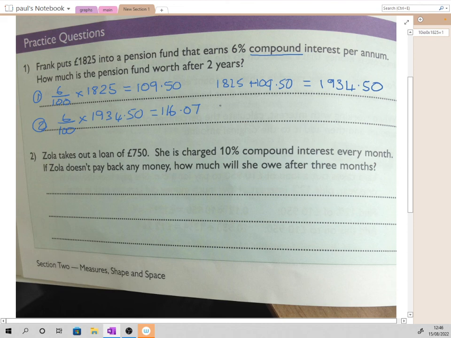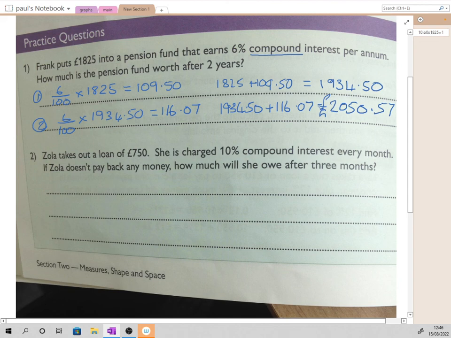Now, our big total now is 1934.50 plus 116.07, which is equal to 2050.57. So Frank is going to have £2,050.57 in his pension fund after 2 years.